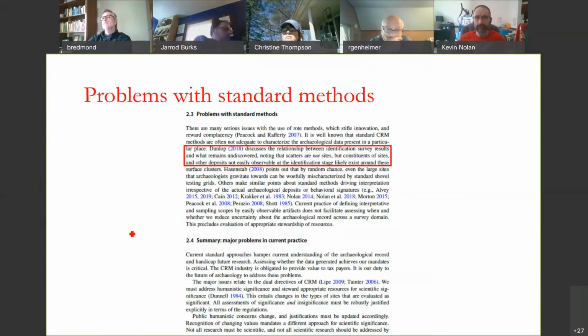continuing to think about the relationship between what we find and what it is we're actually looking for, what we're trying to talk about. And so I also wanted to call attention to this 2018 thesis by Dunlop, which I think is a very good discussion of the difference between the things we find with certain sampling methods and artifact scatters and the sites and the behavior patterns that we are trying to talk about.